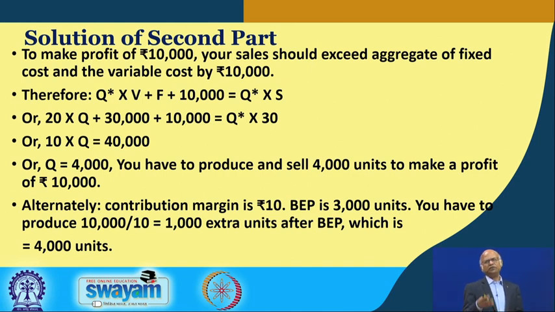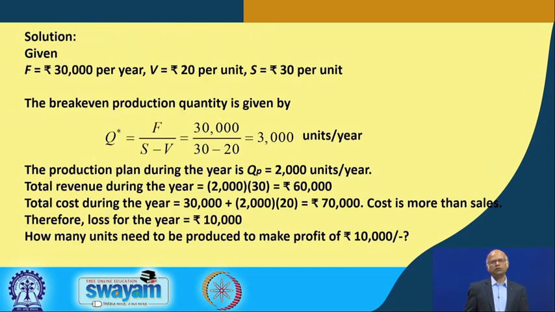You can alternately use the break-even. Remember, this is a very important point. After break-even, once you know that 3000 quantity is the break-even point, we estimated it here, beyond 3000, for every unit that you sell, your profit is equal to the contribution margin, because you do not have to meet any more fixed cost; that is already done. So, 30 rupees is the selling price, 20 rupees is the variable cost, the difference between the two is 10 rupees, and for every unit you make that profit.